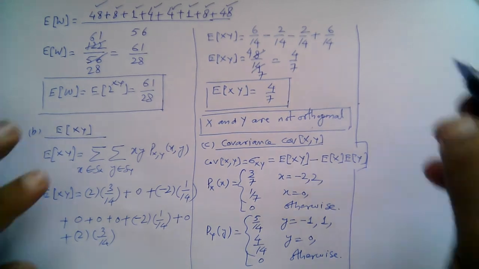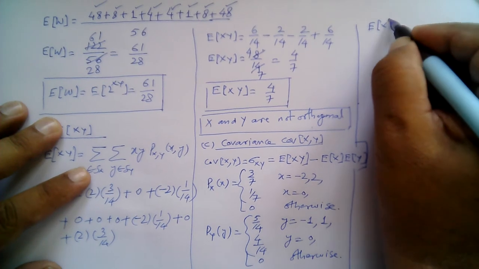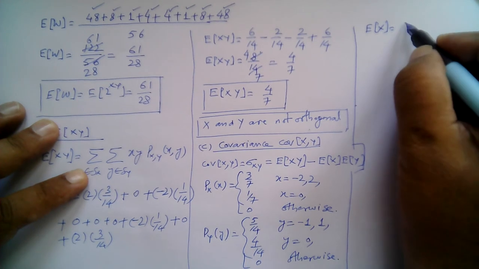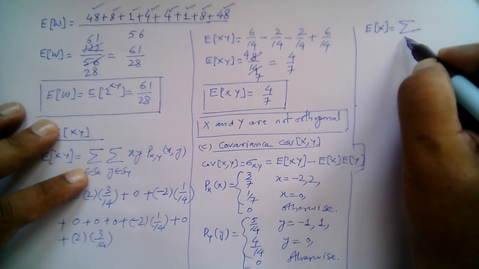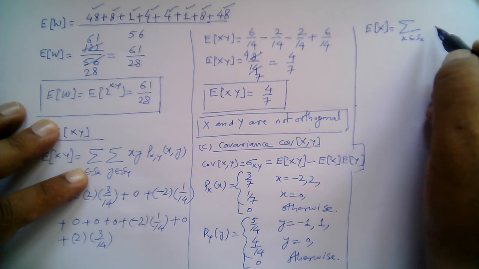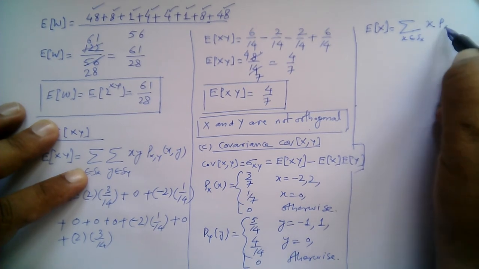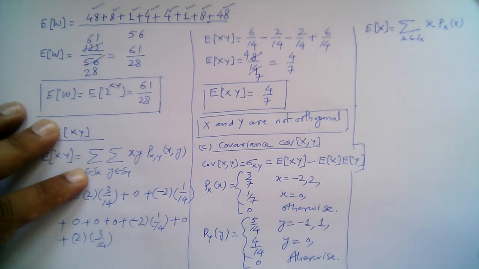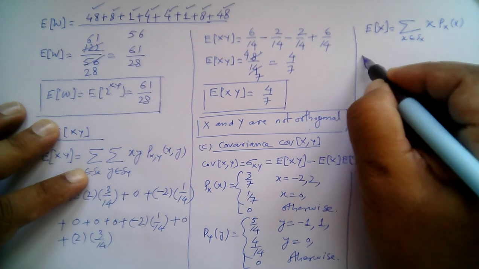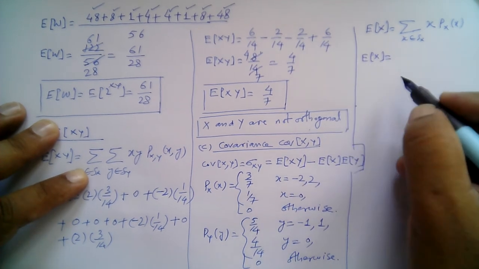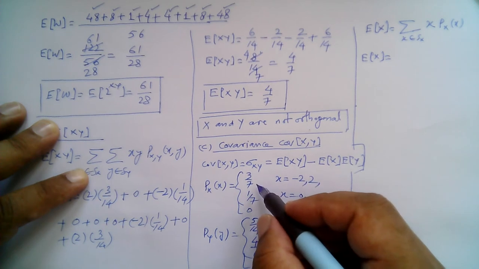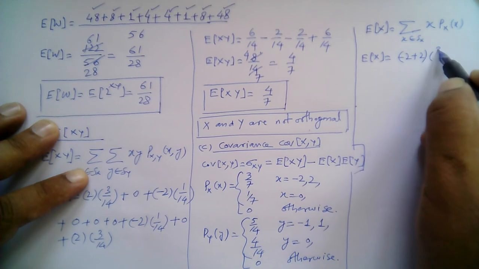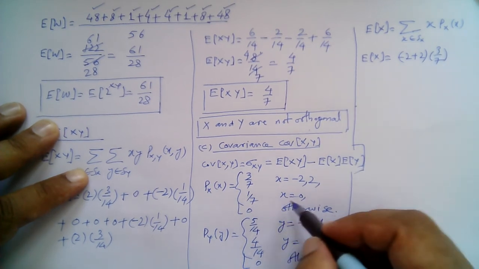So expected value of x is given by this simple summation over x element of S of x. We need to multiply x with the corresponding probability value, and then sum it together for all the probability values. So expected value of x is, at -2 this is 3/7, at 2 this is also 3/7, so -2 plus 2 multiplied by 3/7, plus 0 multiplied by 1/7.